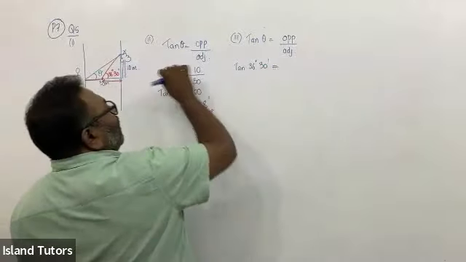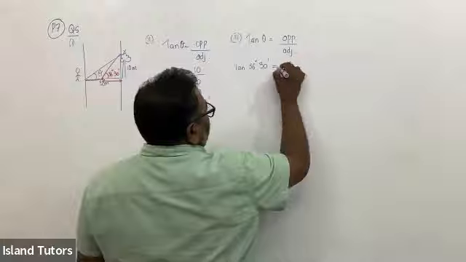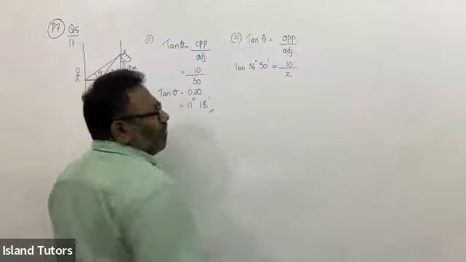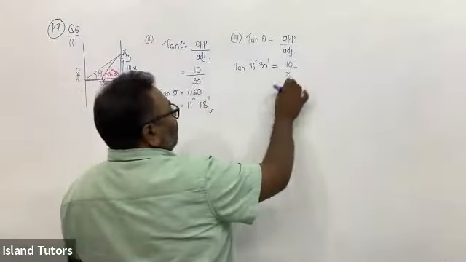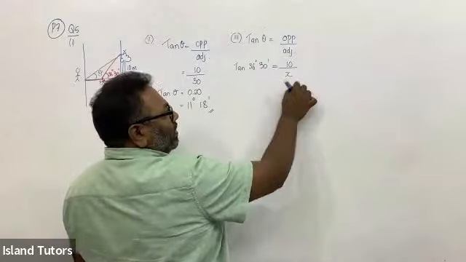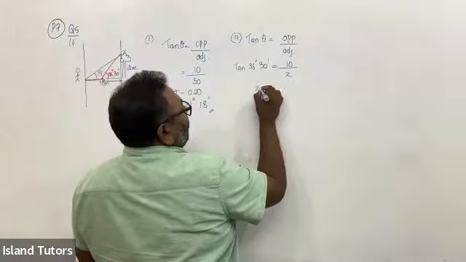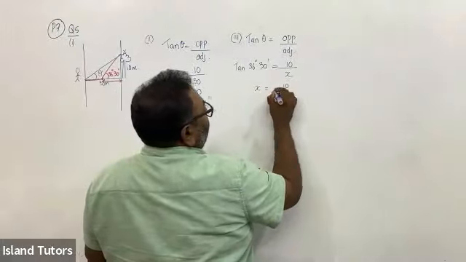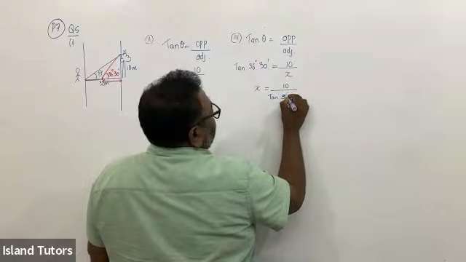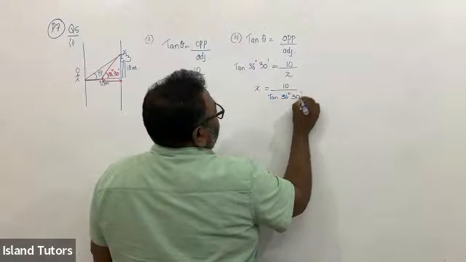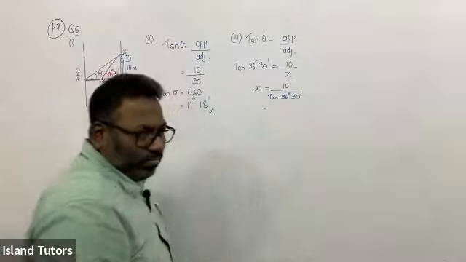Your opposite value is still the same, 10. Adjacent we don't know, which is x. So we want to find out x. We'll take it to the numerator, bring this down to the denominator. So x is equal to 10 over tan 36 degrees and 30 minutes.